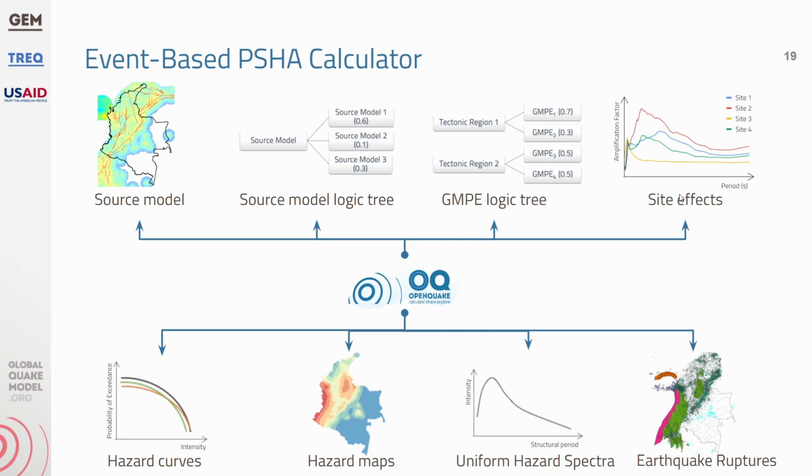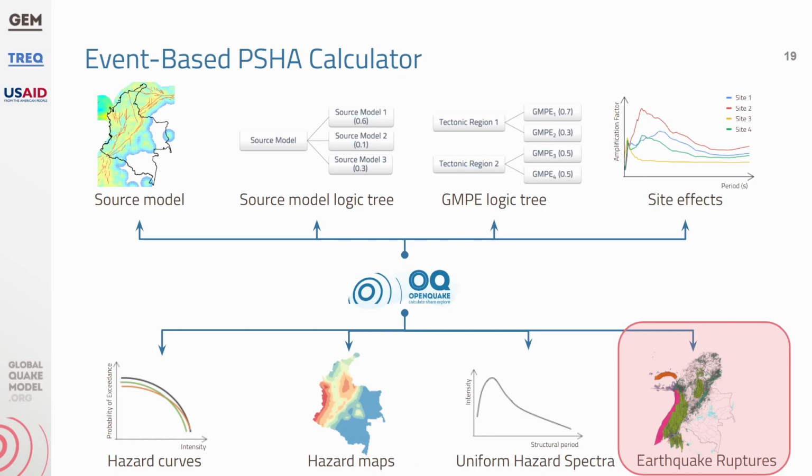So the event-based PSHA calculator uses the exact same input files that the classical PSHA calculator uses. The outputs of this calculator are very similar to the outputs of the classical PSHA calculator. Namely, we can obtain hazard curves, hazard maps, and also uniform hazard spectra. The difference here is that we will also be able to obtain as an output a stochastic event set catalog, or a stochastic catalog.